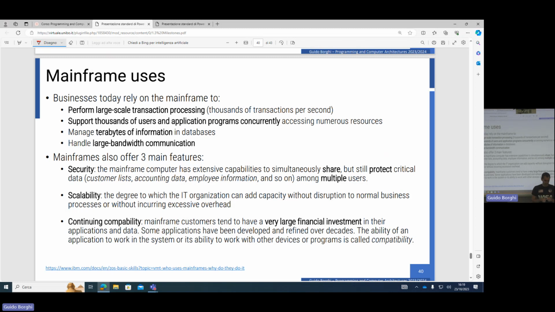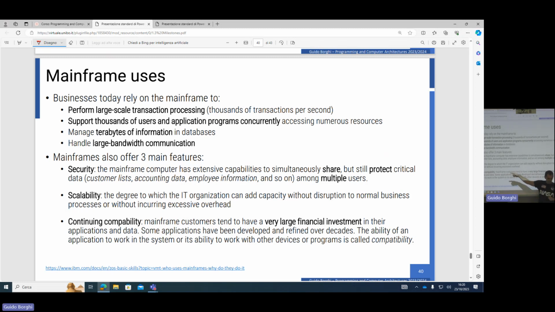Scalability is the ability to add, for example, computational power without the disruption of normal business processes on the mainframe. We can add another database, we can improve the computational power of the mainframe without stopping the other services. This is one definition of scalability.